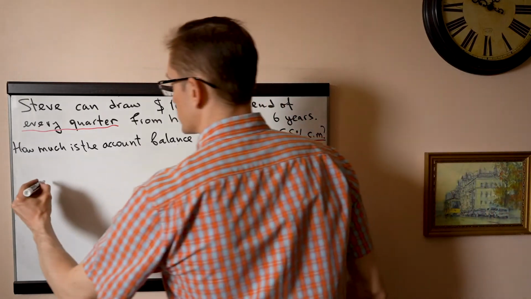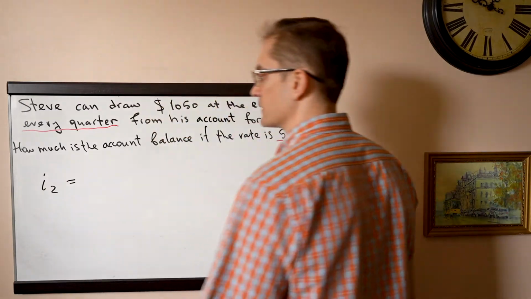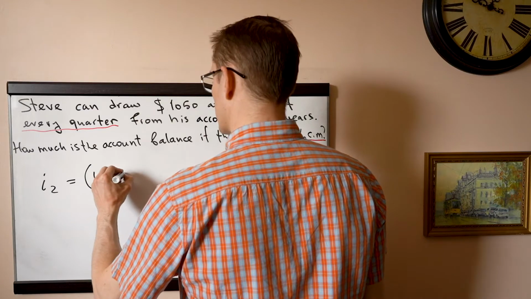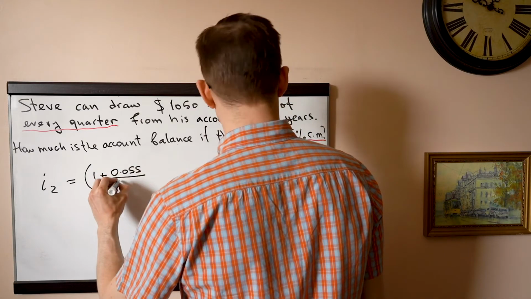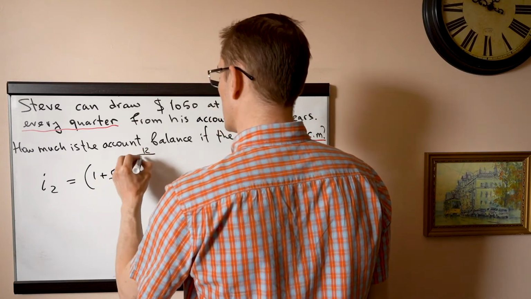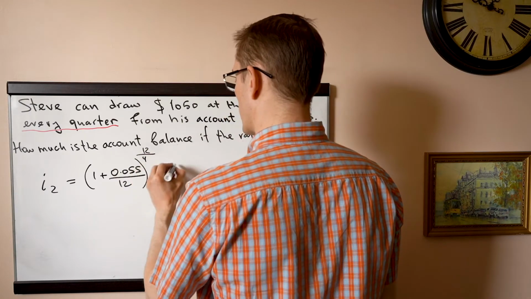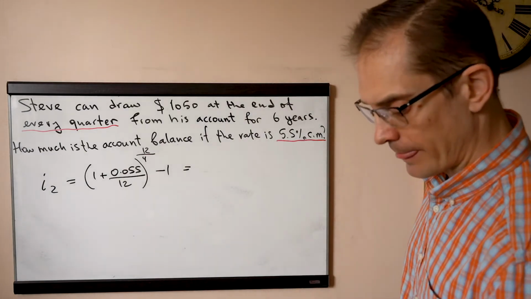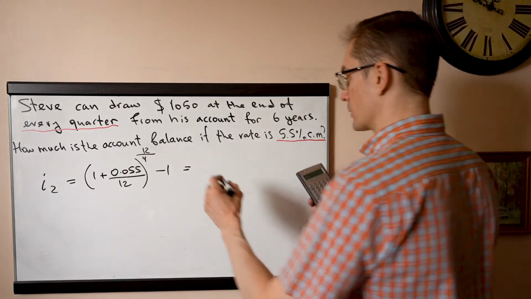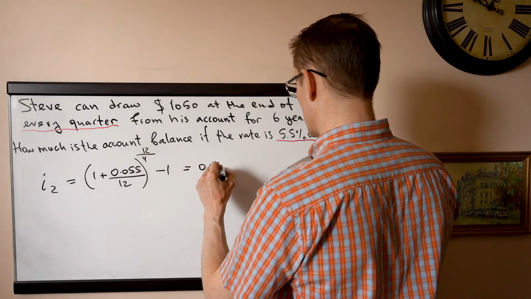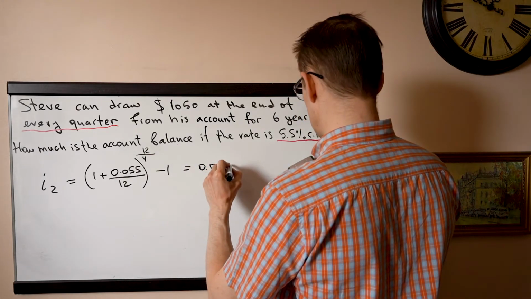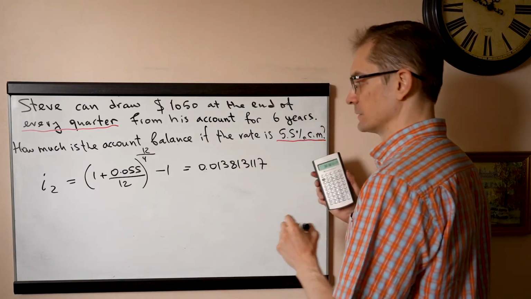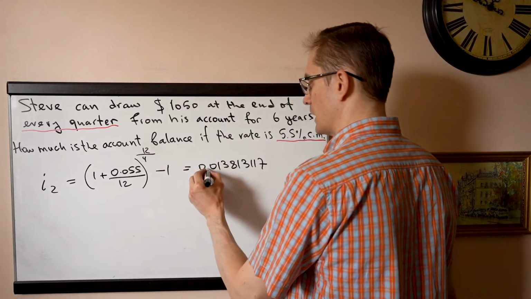So this will entitle us to find this I2, and this will be 1 plus 0.055 divided by 12, to the power 12 over 4, minus 1. Okay, so then if I calculate this, this is going to be 0.013813117. So we have found this I2.